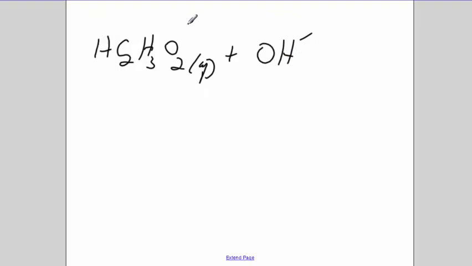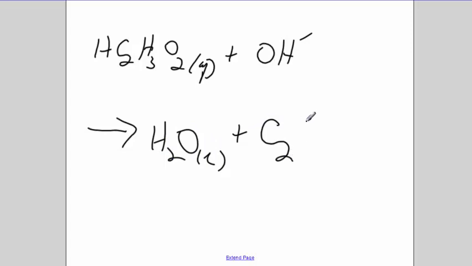Remember, the weak acid does not get dissociated in the net ionic. But the two ions here are H plus and the acetate ion. So the H plus is going to react with the OH minus and give me water. And I just have the anion. Notice again, this is balanced. Even the charges are balanced.